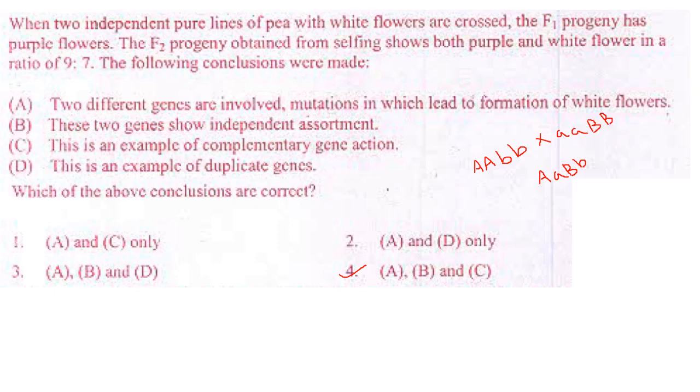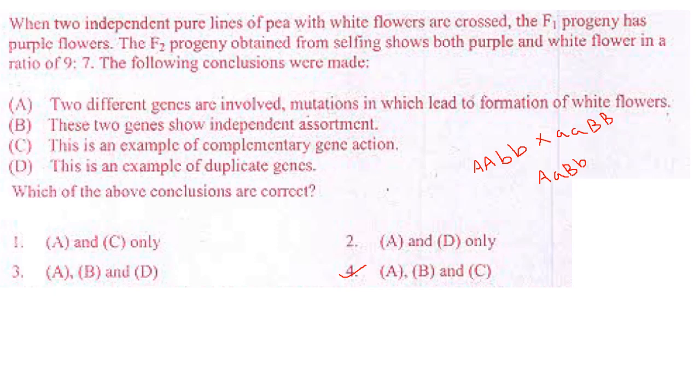The following conclusions were made. A similar question was asked in December 2017, I think. Anyway, when two independent pure lines of P with white flowers, so they both were white flowers.